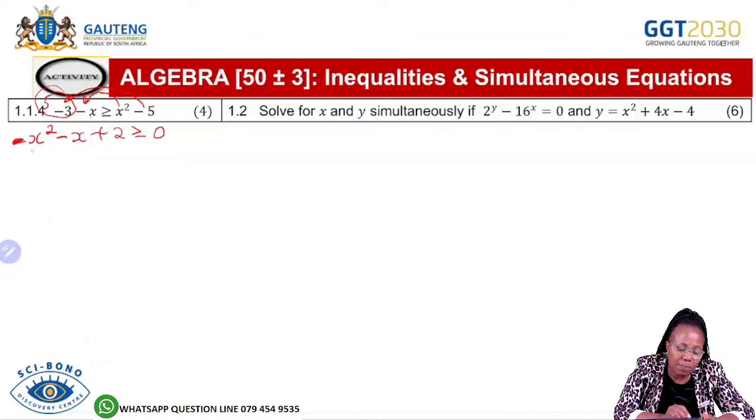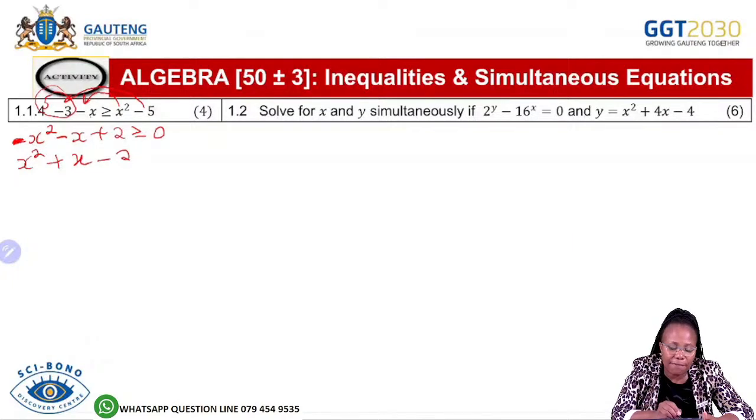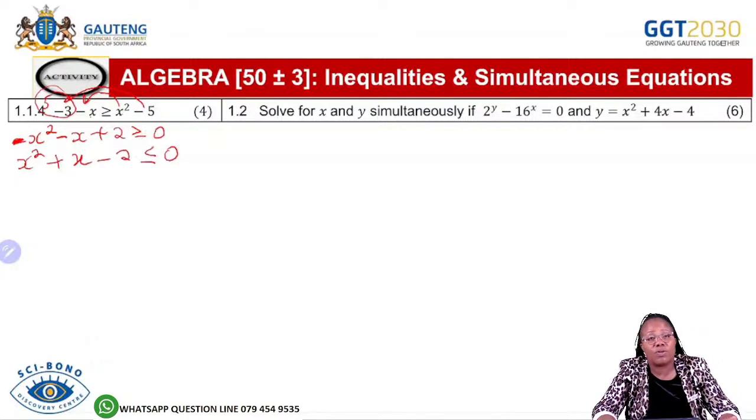So now multiply by negative, everything is going to change its sign. The minus x squared will become positive x squared. The minus x will become positive x. The plus 2 will become minus 2. Remember, this is affecting your inequality sign. It is saying greater and equal. It will change to less and equals to 0. I hope we are still together, grade 12.